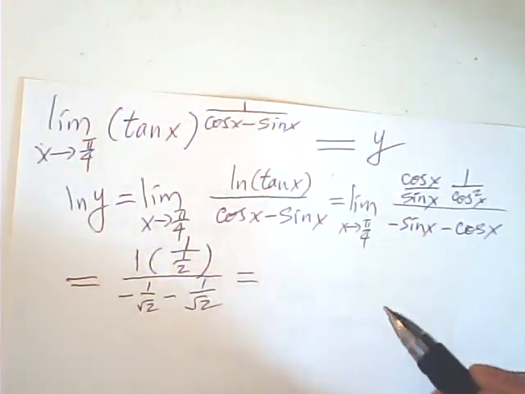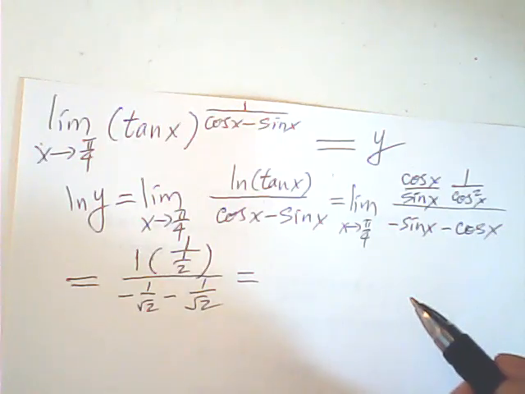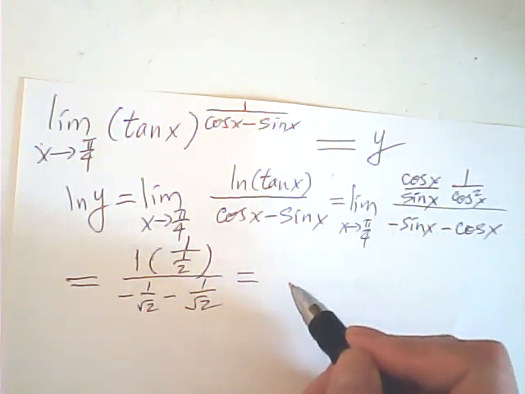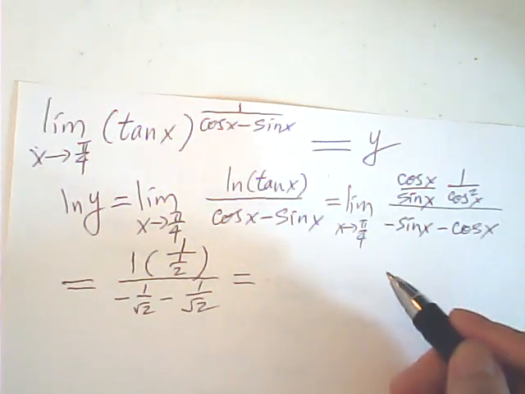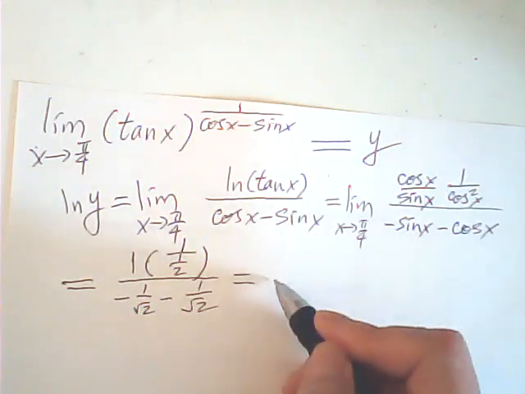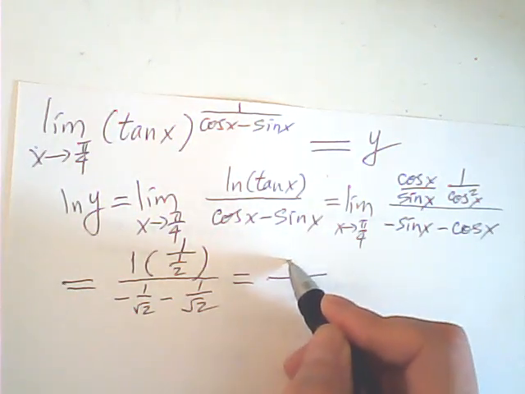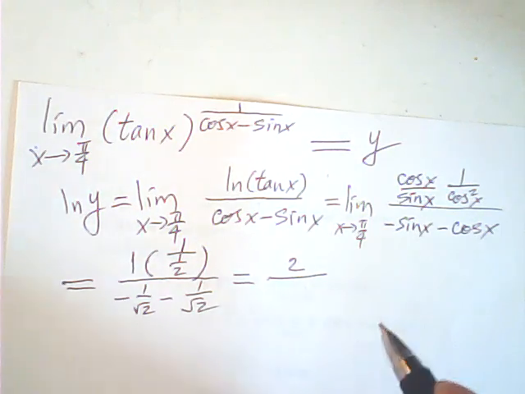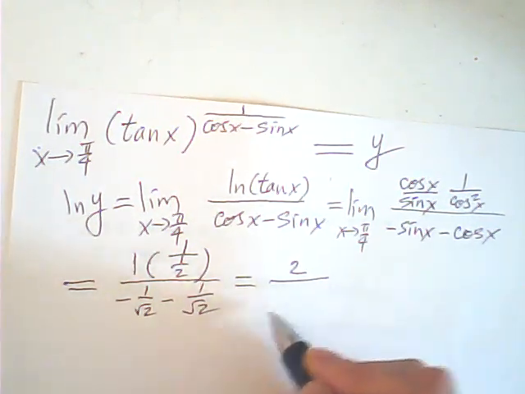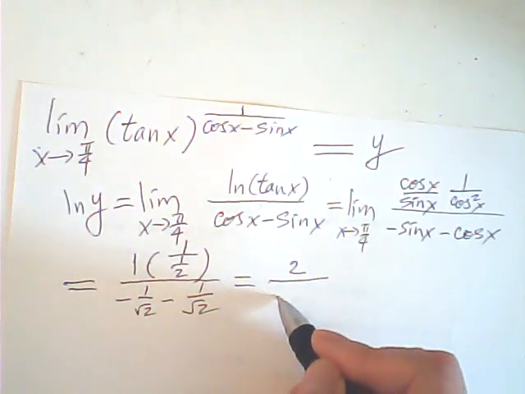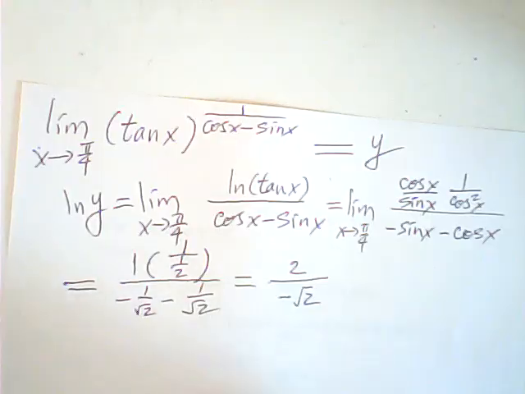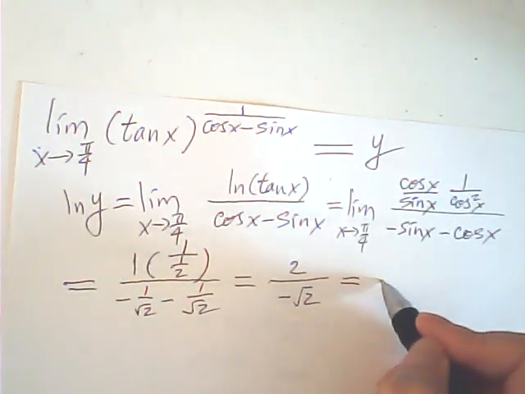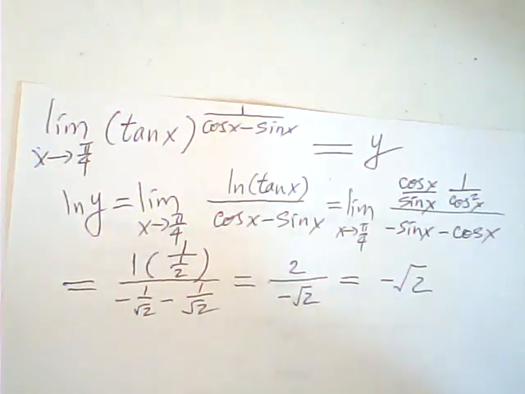So overall, how to calculate. This is 2, right? Yeah. This is negative root 2. Finally this becomes negative root 2.